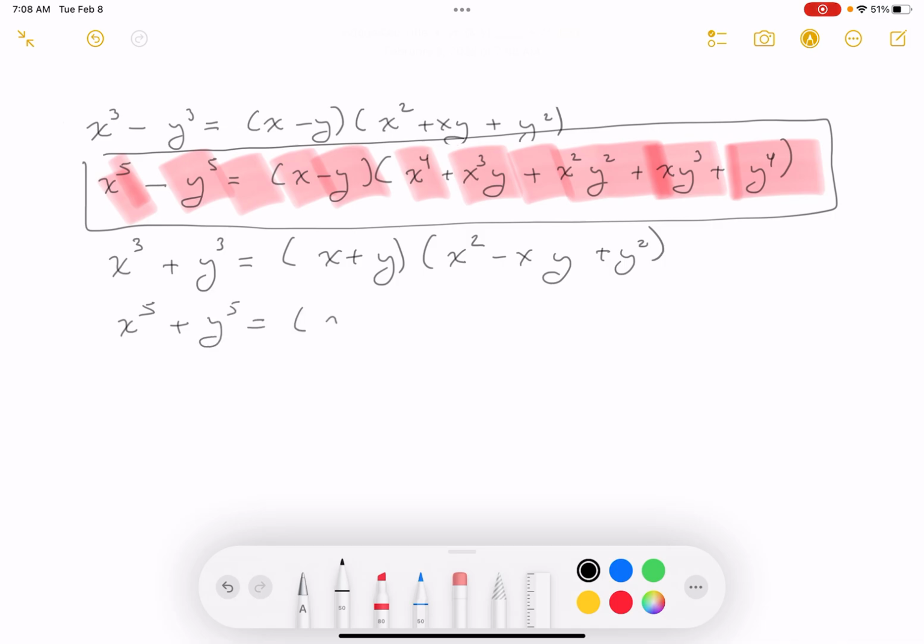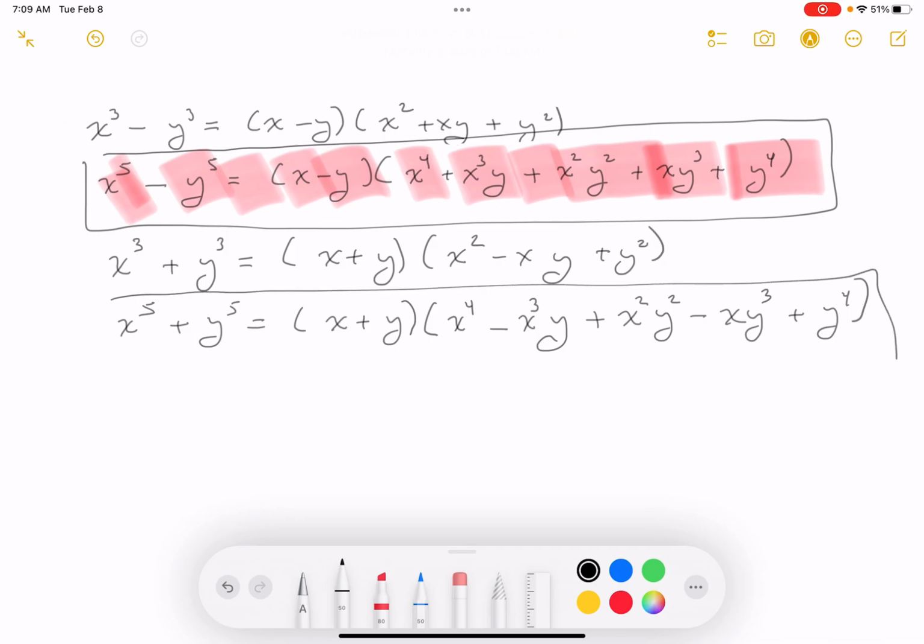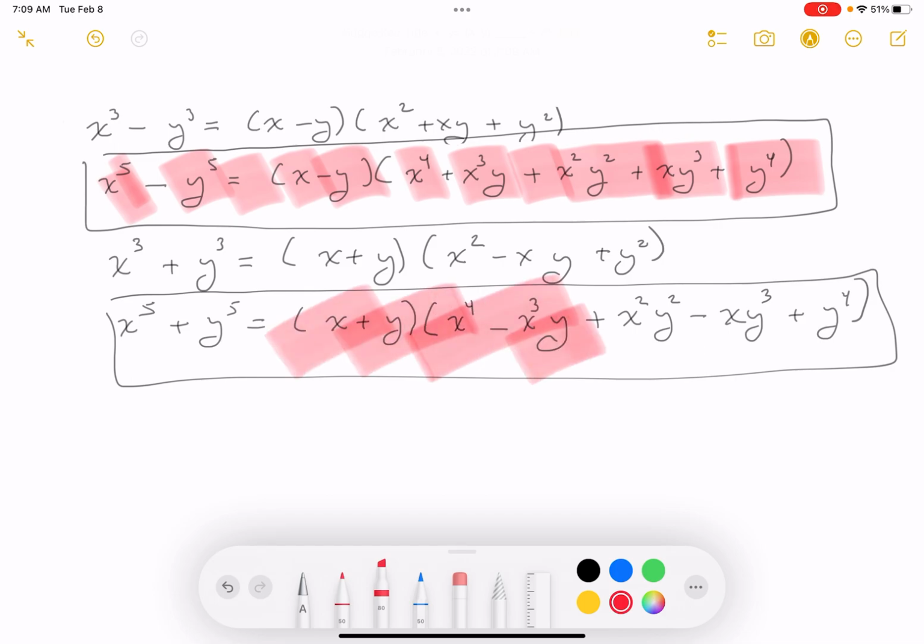Looking at it, I'm going to say x plus y, and then x^4, and it looks like it's alternating though: minus x cubed y, plus x squared y squared, minus x y cubed, plus y^4. Again, you should multiply this out to verify that this is true.